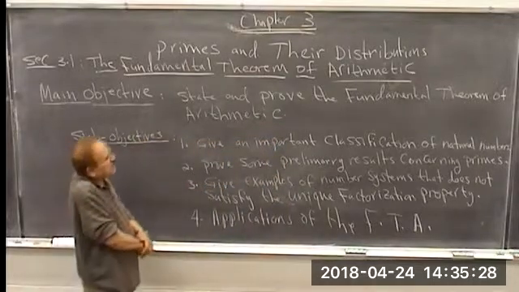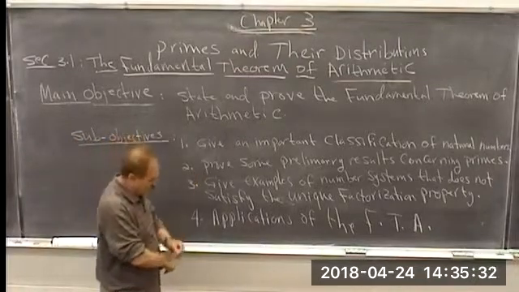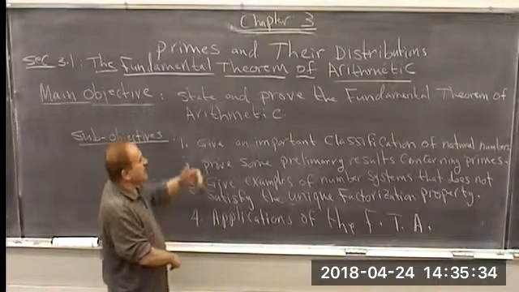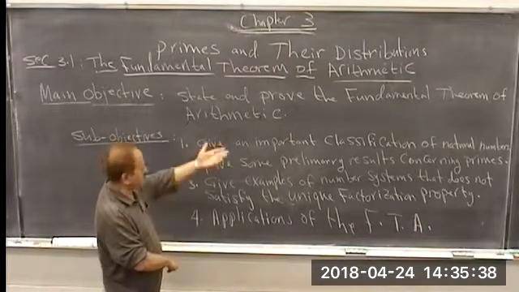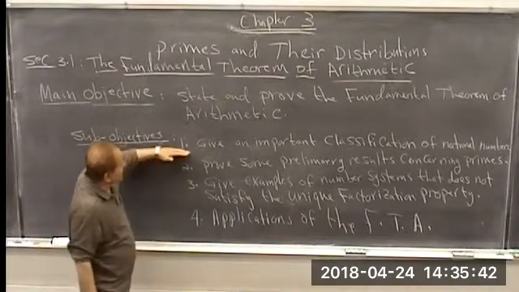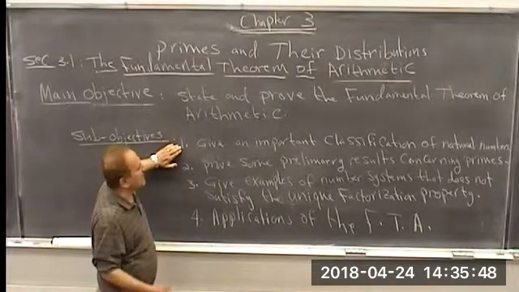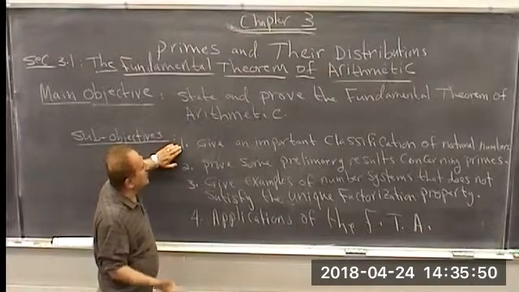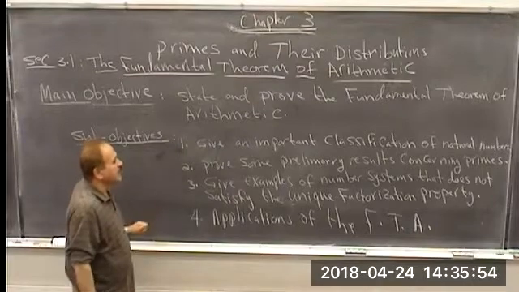Other classifications talk about numbers being square or not a square, or a triangular number or not, and many others. The classification we have in mind here is for a number to be a prime or not a prime, composite, or what else. We're going to see this.